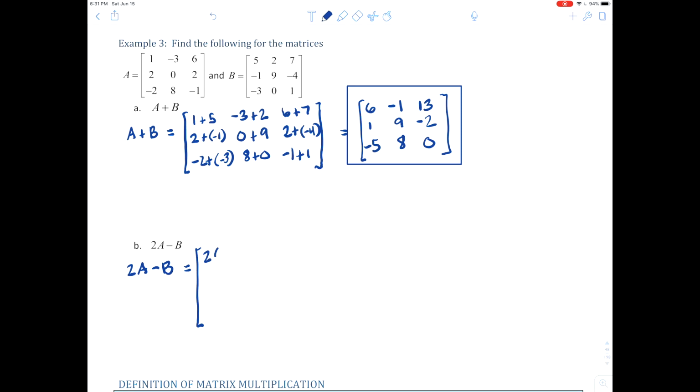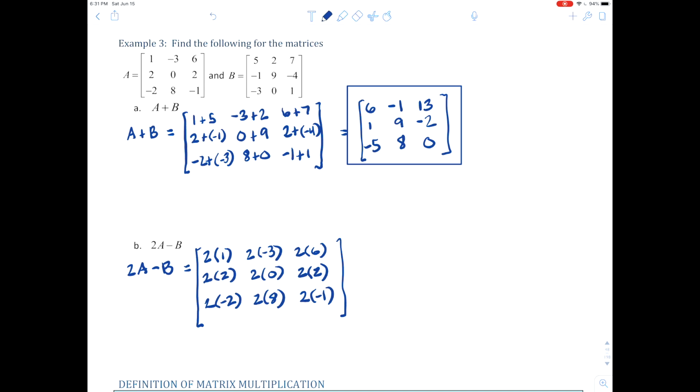You'd have 2 times 1, 2 times negative 3, 2 times 6, 2 times 2, 2 times 0, 2 times 2 again, and then 2 times negative 2, 2 times 8, and 2 times negative 1.